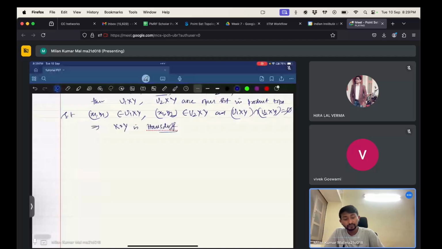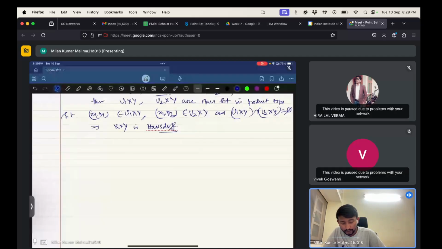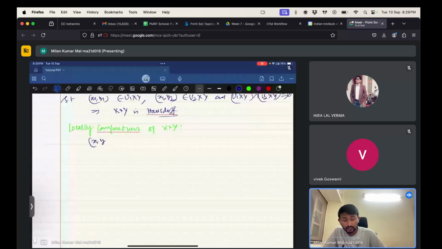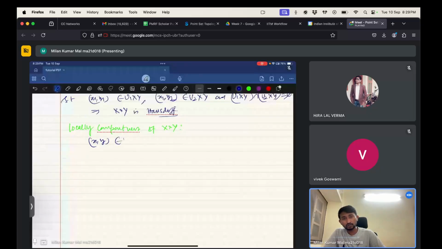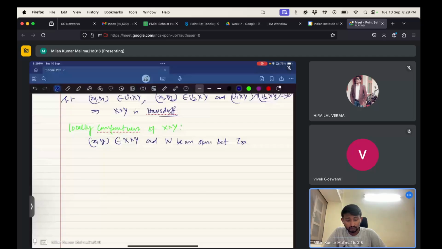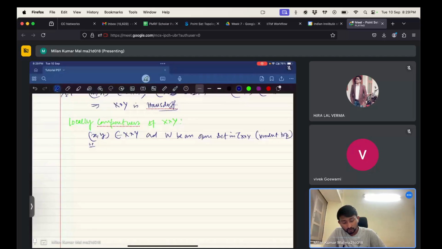Let's take a point (x, y) in X cross Y, and let W be an open set in tau of X cross Y, the product topology, with (x, y) inside W. We need to find an open set V in tau of X cross Y such that (x, y) is inside V, which is a subset of V closure, which is a subset of W, and V closure is compact. This is what I want to prove.